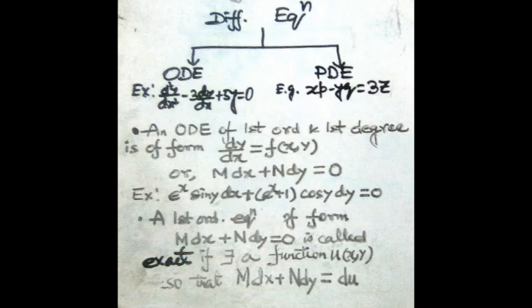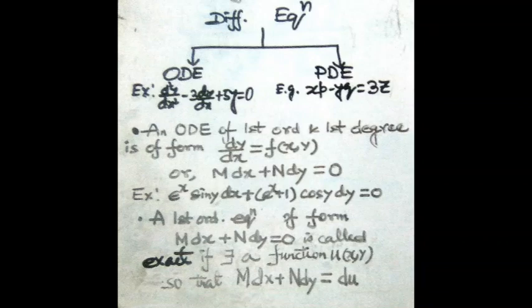There are two types of differential equation. First one is ordinary and second one is partial differential equation. In case of an ordinary differential equation, there is simply one independent variable and we have to consider the differential coefficient of the dependent variable with respect to the independent one. For example, d2y/dx2 minus 3 dy/dx plus 5y equals 0 is an example of an ODE.